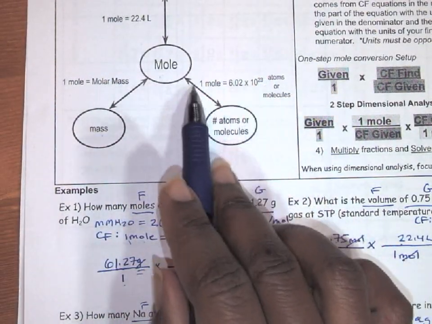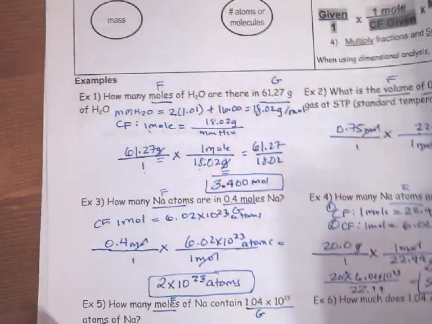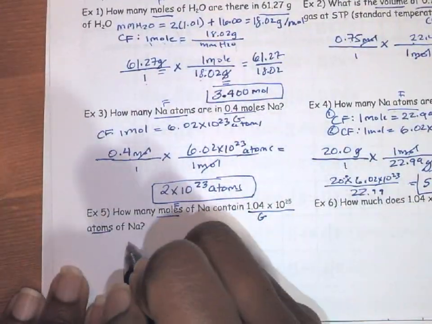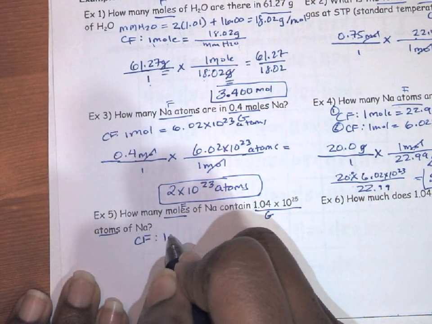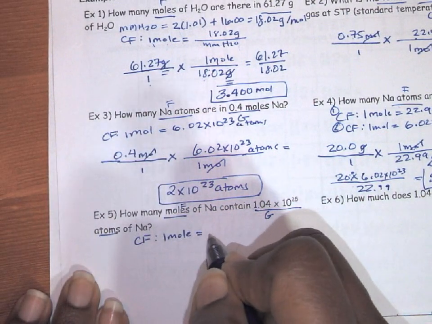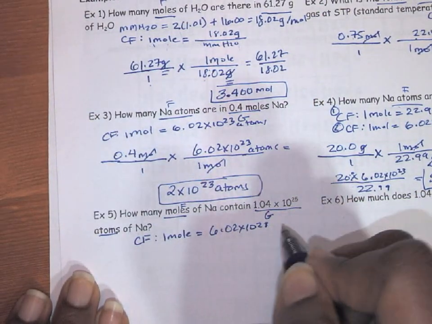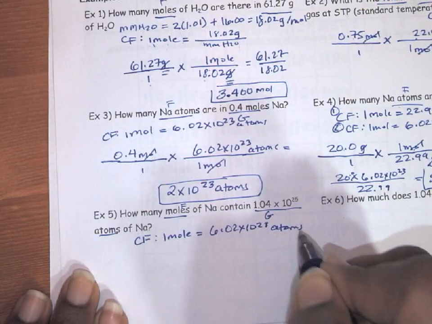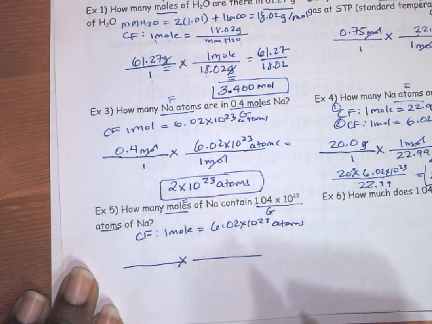Our conversion factor is 1 mole equals Avogadro's number. So since I have one conversion factor, I'm going to multiply two fractions. The first fraction being the given, the second one's for my conversion factor.